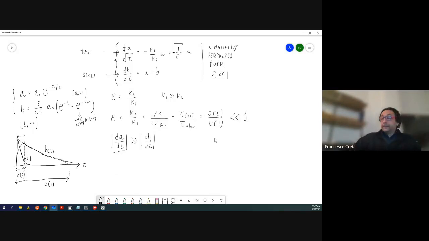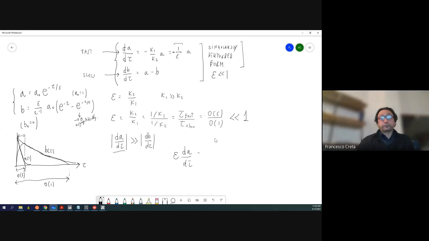Now, the handy or quite useful aspect, let's say, of singularly perturbed forms like this is that now we can recast it, for example, in this form.